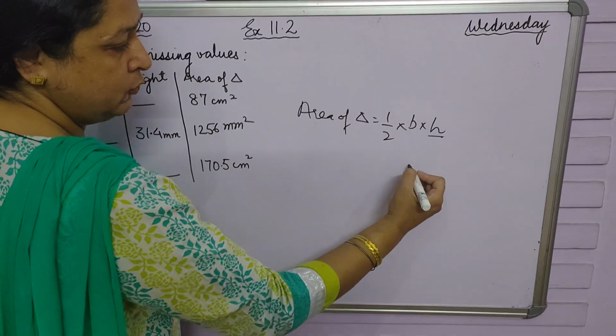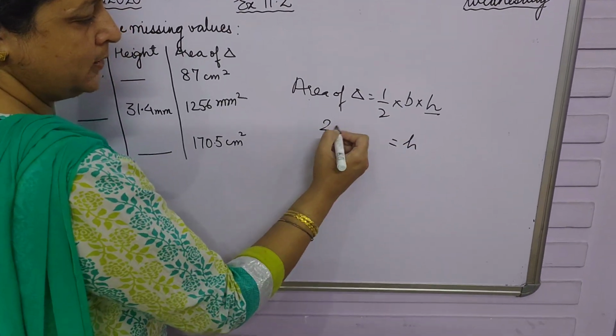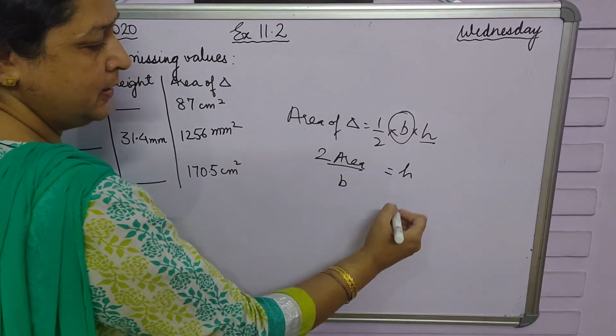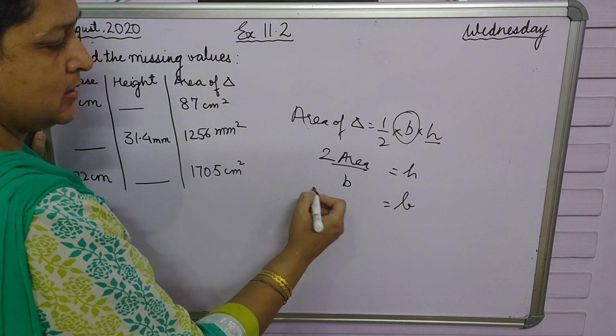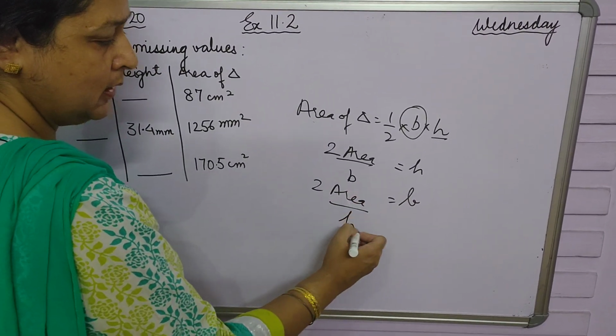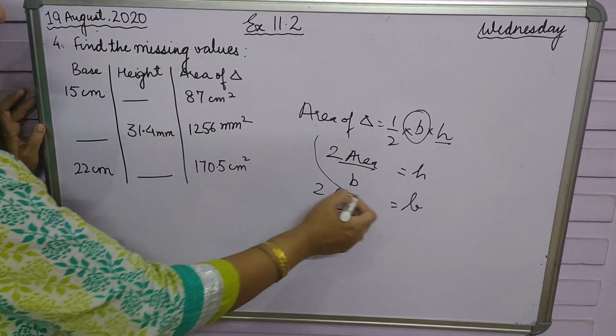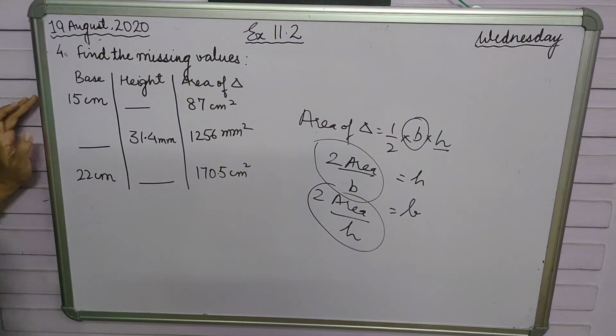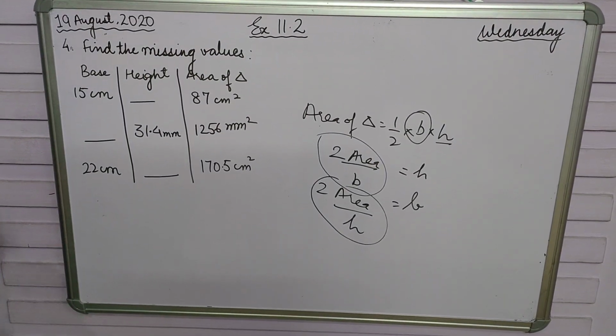So if I have to find out height, it will be twice area upon base. Alternatively, if I have to find out base, then it will be twice area upon height. Either you can directly use these formulas or you can do it by cross multiply as you feel convenient.